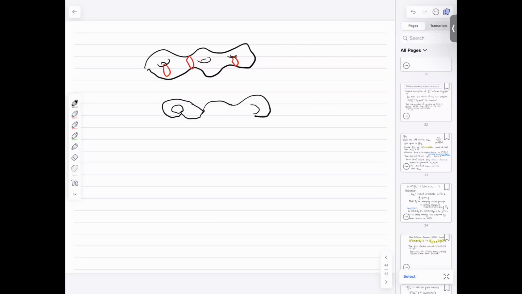Dual to the stable curve, or to the set of curves, is a graph, which has one vertex for each component, and one edge for each pinch point, for each curve that you pinched.